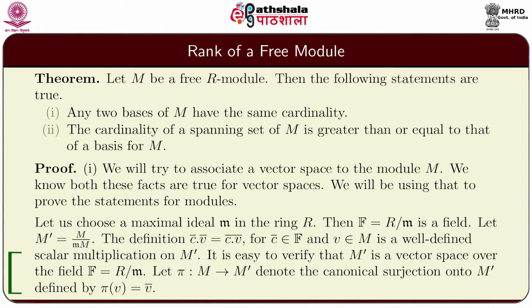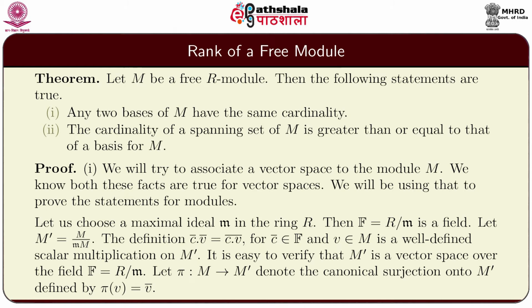And it is easy to verify that M dash is a vector space over the field F with respect to this scalar multiplication, and the addition structure comes from the quotient module.